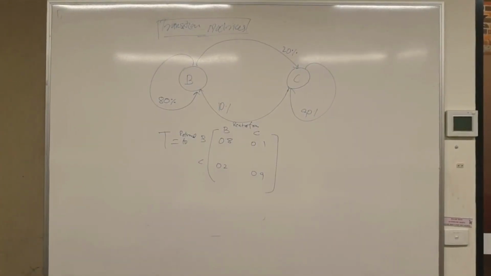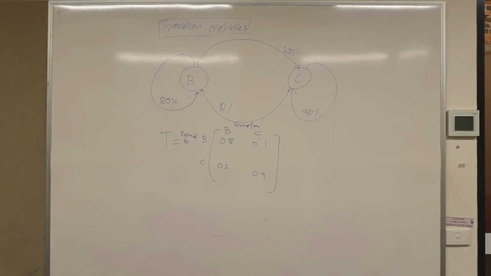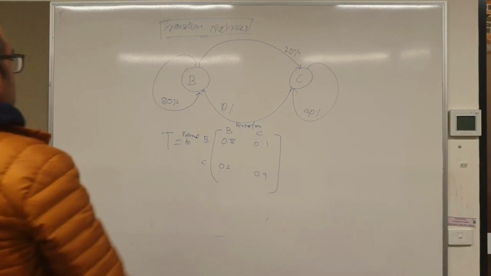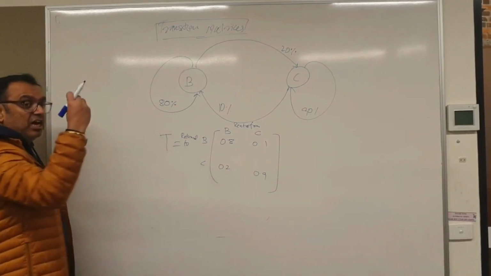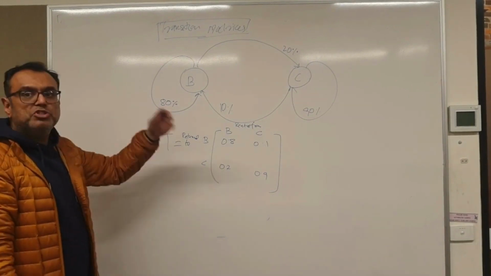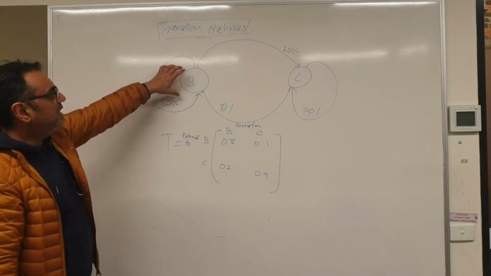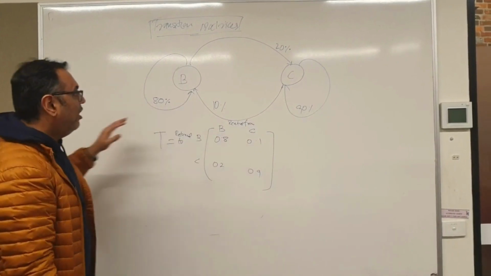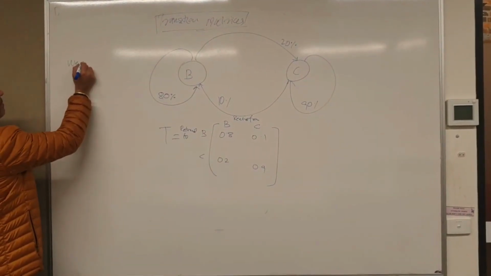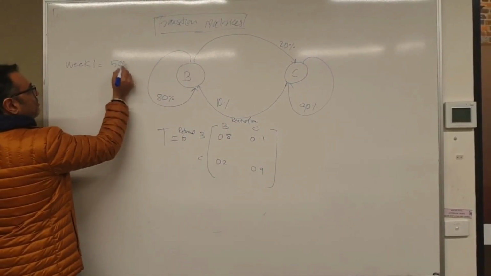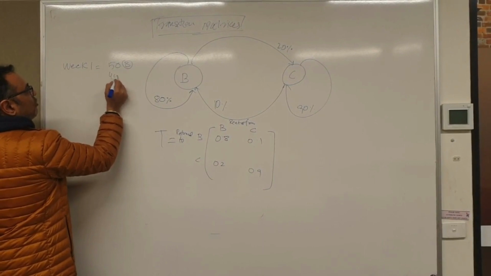Now, once I've established my transition matrix, let's put some numbers around it. Let's say this is a week by week transition. At week 1, there are 50 cars in Bendigo and 40 cars in colic.